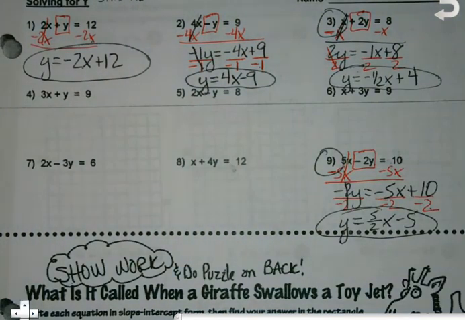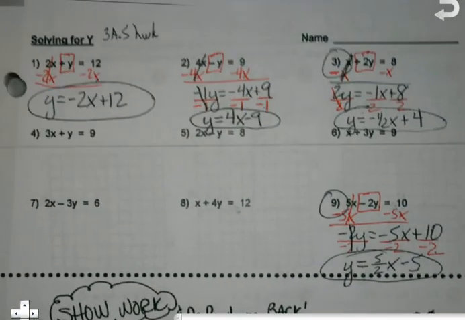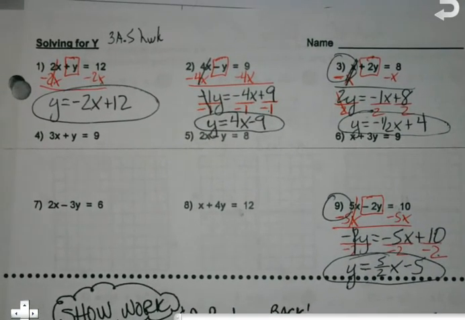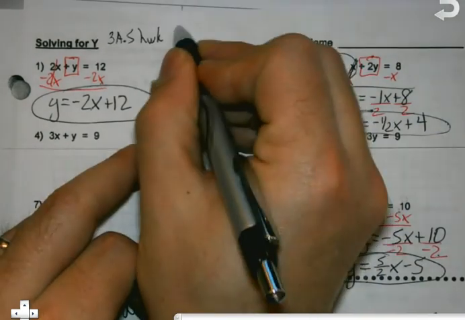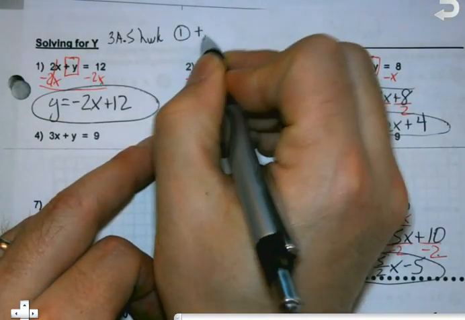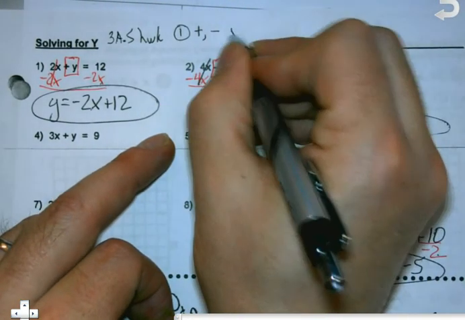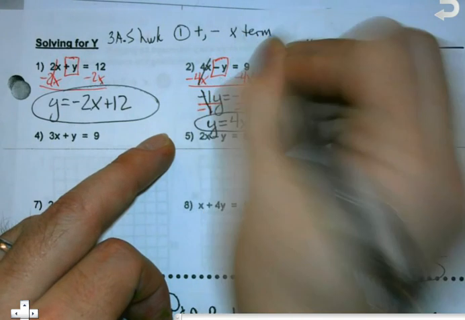My whole job here is to get y alone. So let me put it this way. Let me pull this down for a second. When you're solving for y, two steps. One, I'm either going to add or subtract my x term.